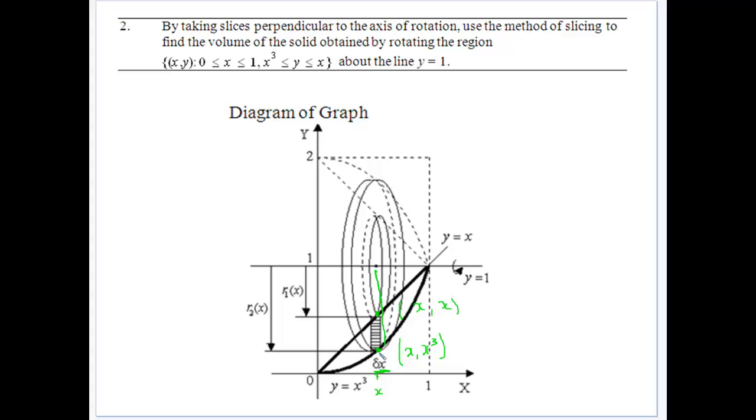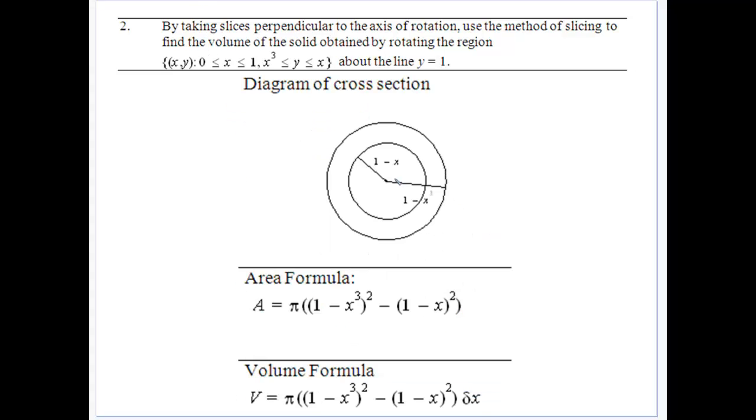So the distance there is x cubed, the distance there is x, and we're going to take them both away from 1. So that would be 1 minus x cubed and 1 minus x as our radii of our circle. So that's the values that y is going to take for our circle. And there they are there.